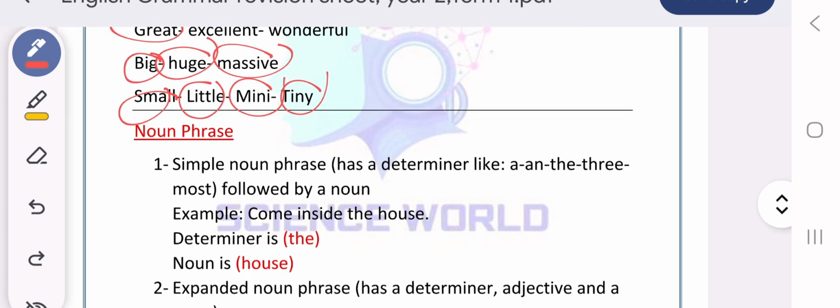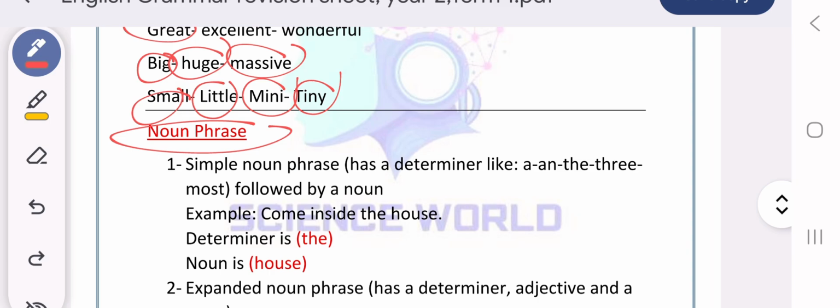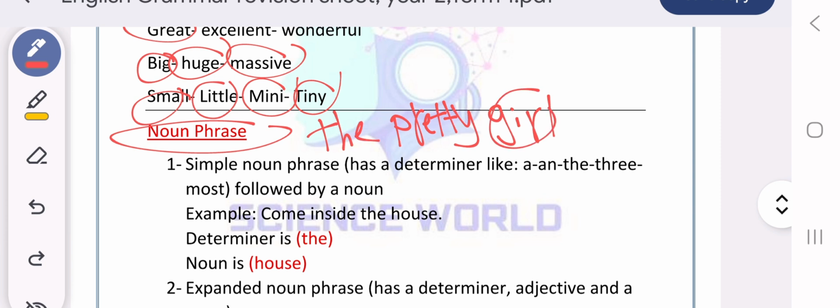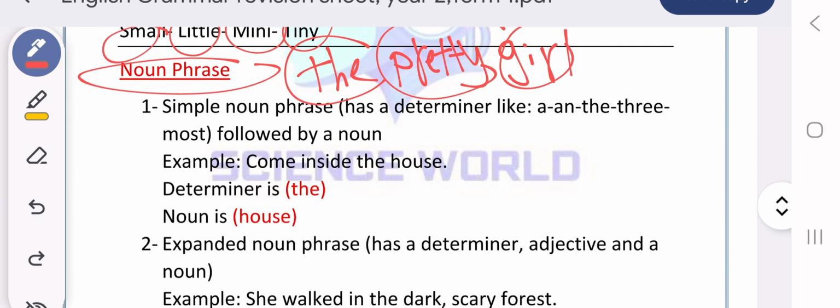Okay, now let's talk about noun phrase. What is the meaning of this? We have a noun like girl. And we have an adjective like pretty. We can put the, so we'll say the pretty girl. So a noun phrase means a noun, an adjective, and also we can put a determiner to expand it.